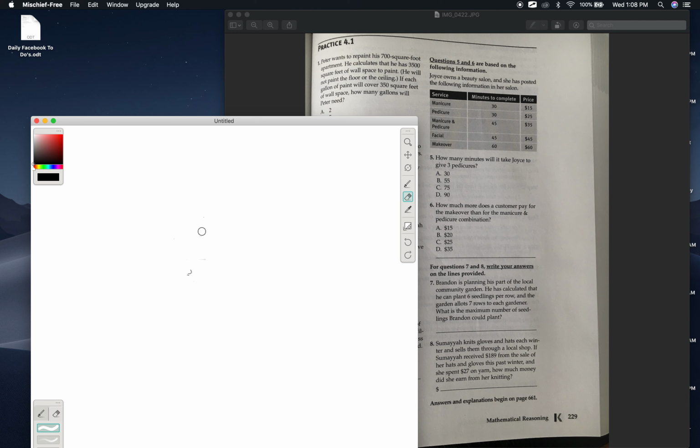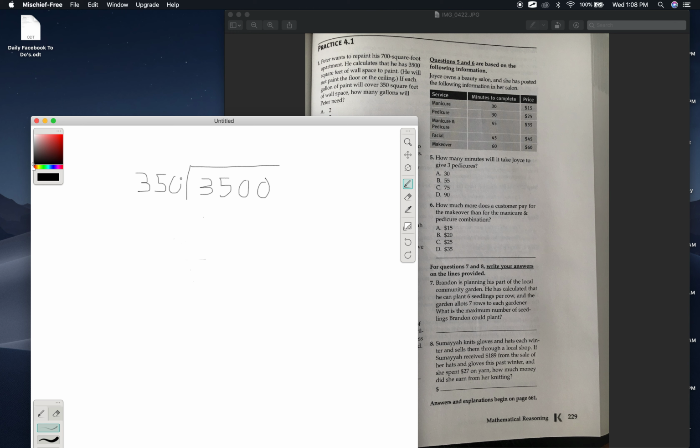So let's do this. 3,500 divided by the divisor, which is 350.